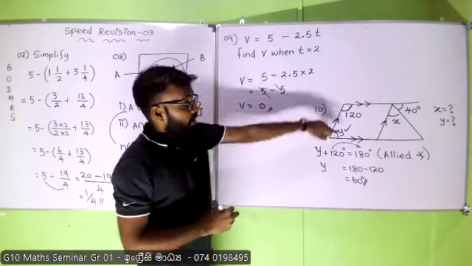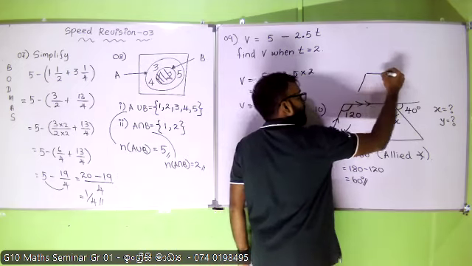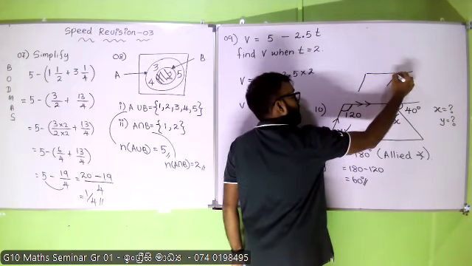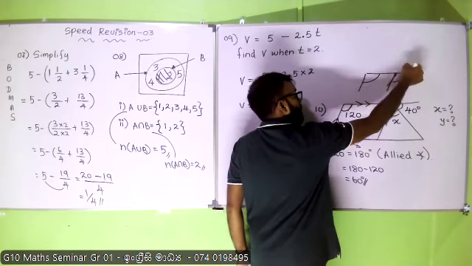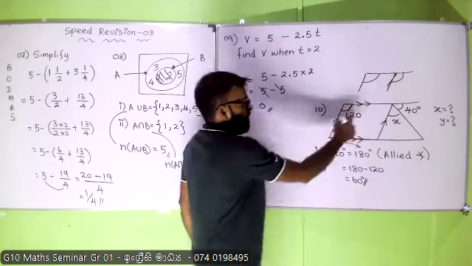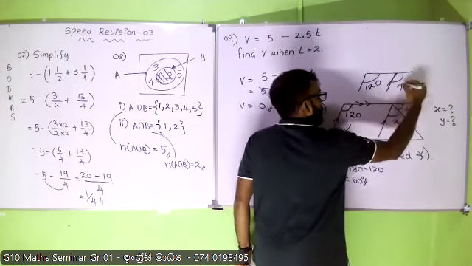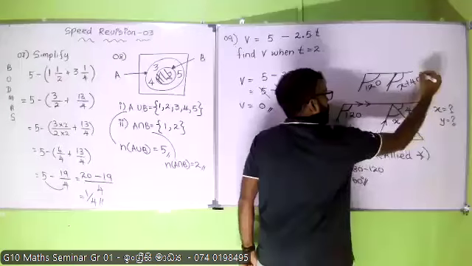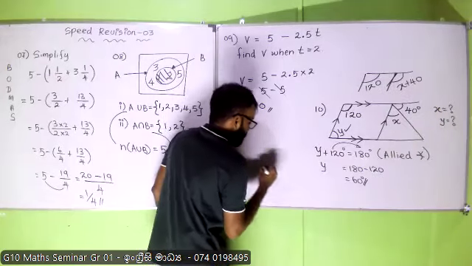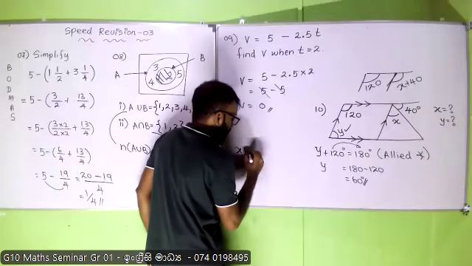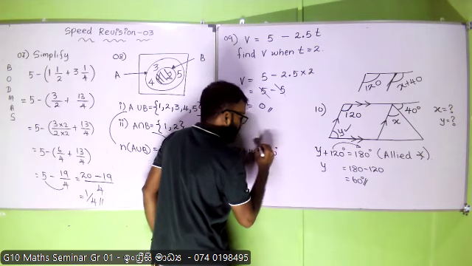That one, x plus 40. This is like an F type of angle. This one is 120, and this is x plus 40. Alternate angles, you can write x plus 40 equals 120 degrees.